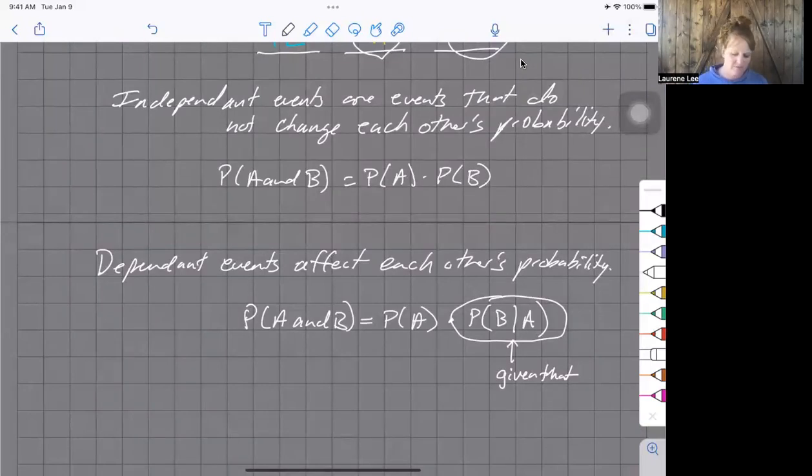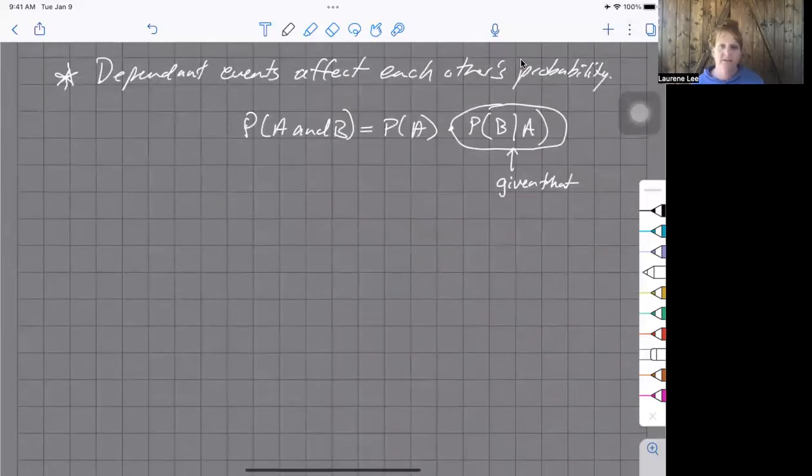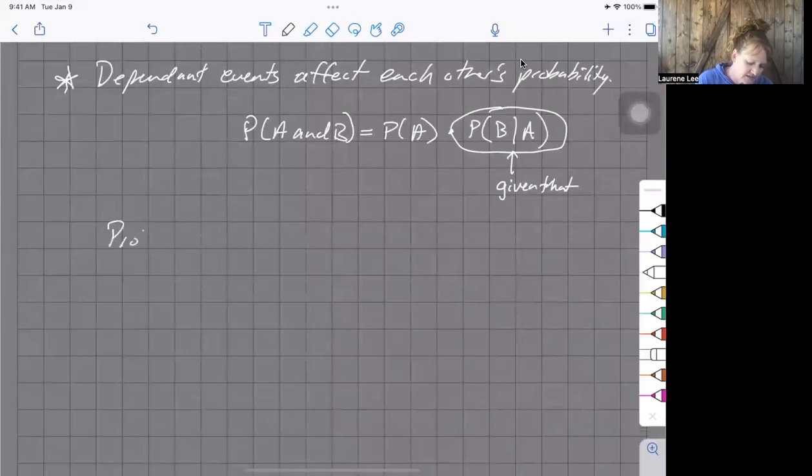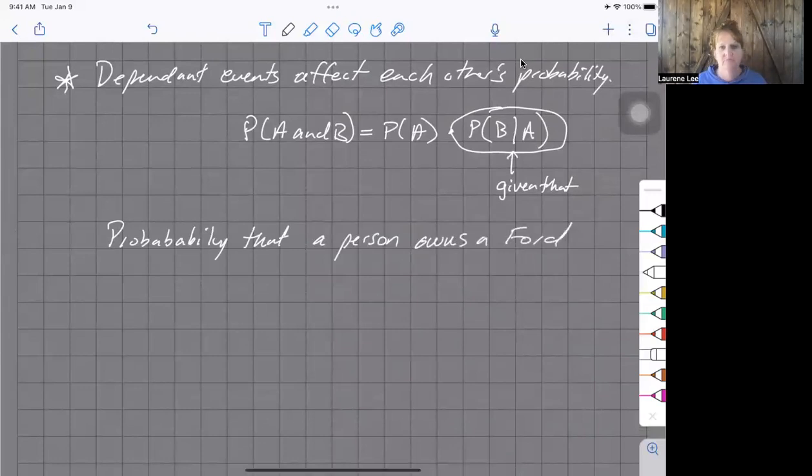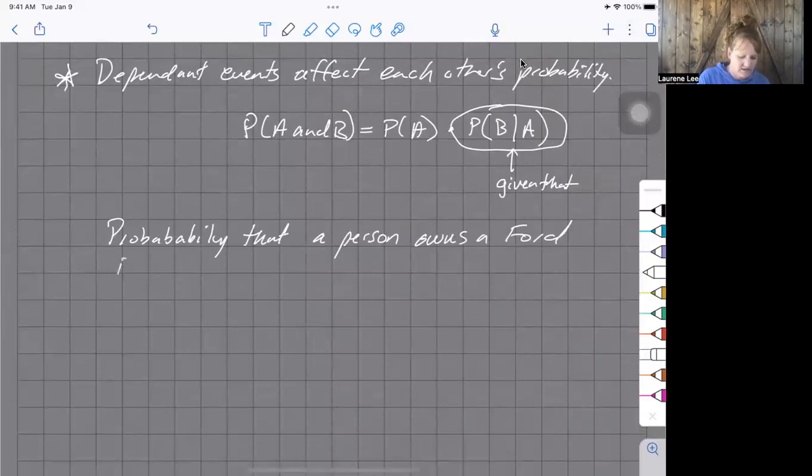Another way that these dependent problems can come up, in a different kind of language, is I could say the probability that a person owns a Ford, say, that kind of a car, is let's say 38%. So 38% of people own a Ford.